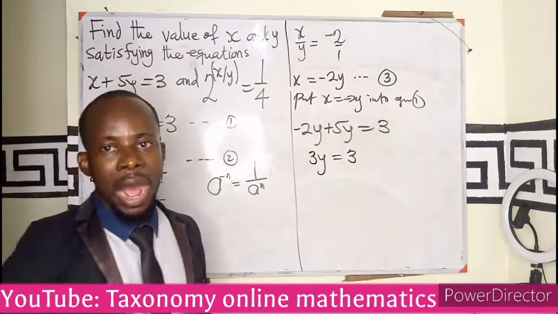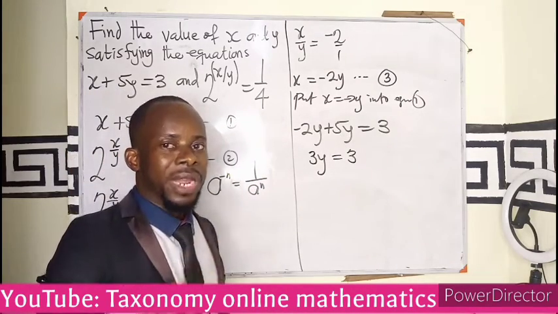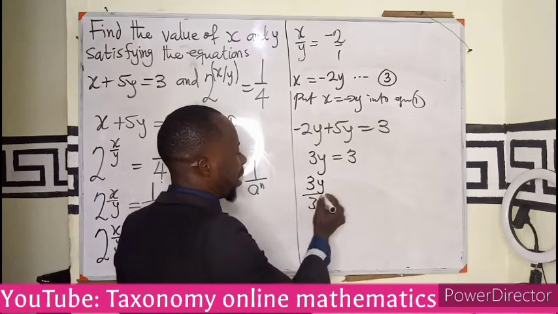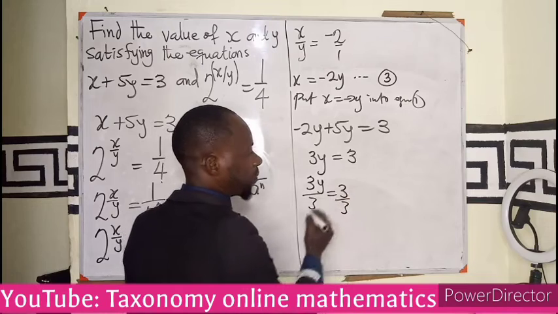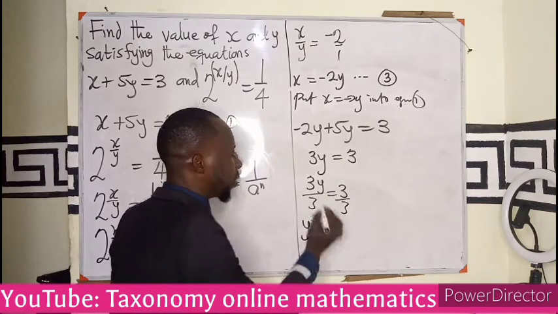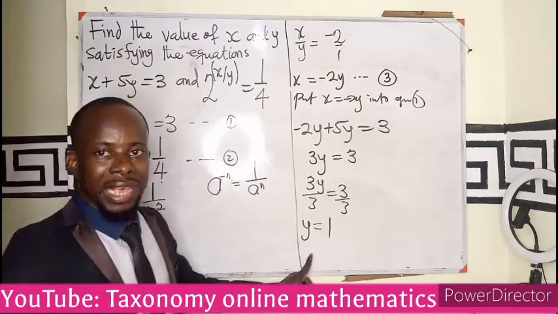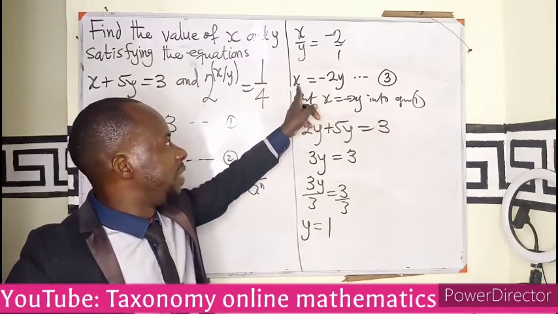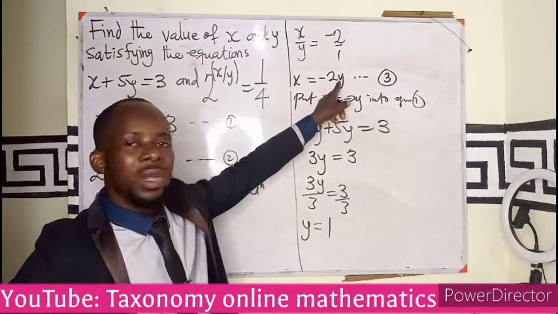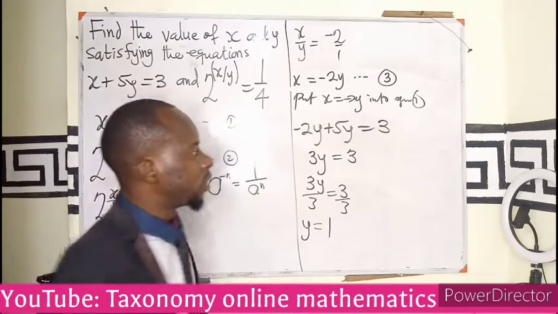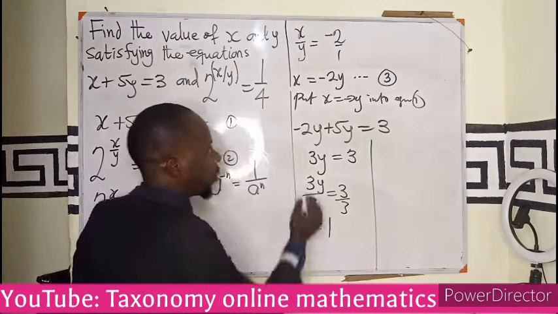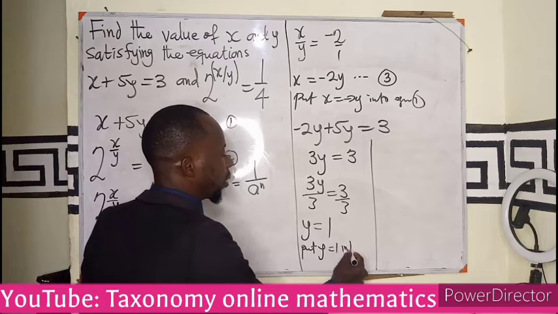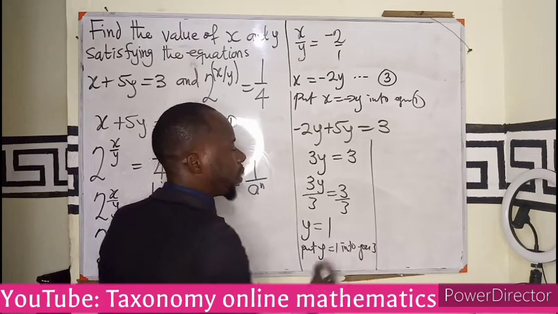We are looking for y, so we divide by the coefficient. So 3y over 3 equals 3 over 3. Our y is just 1. But x is equal to a coefficient and y. If I'm looking for my x, I just put y = 1 into equation 3.